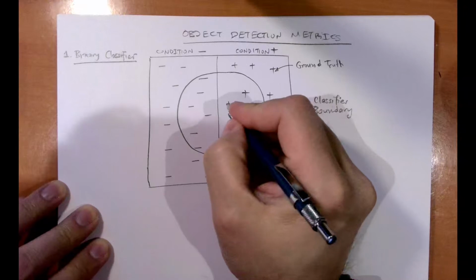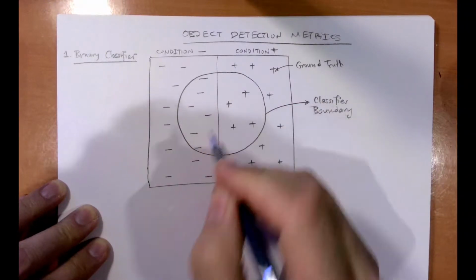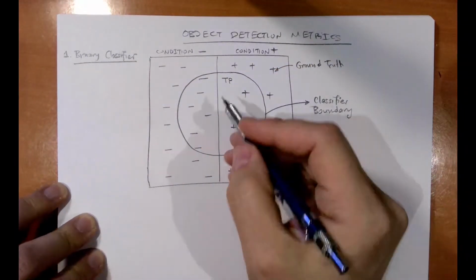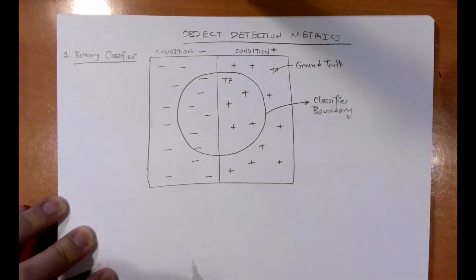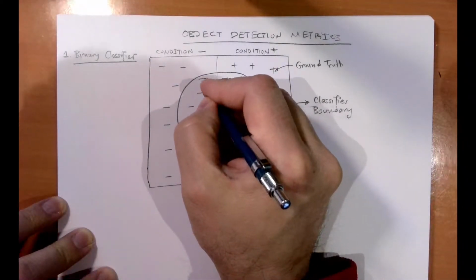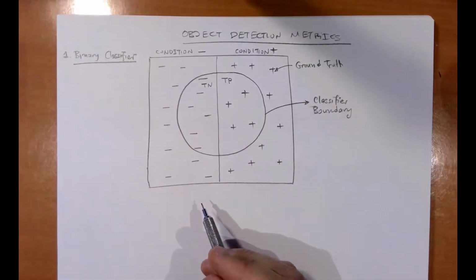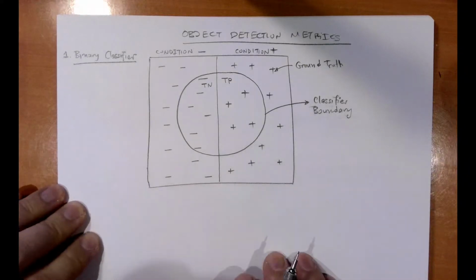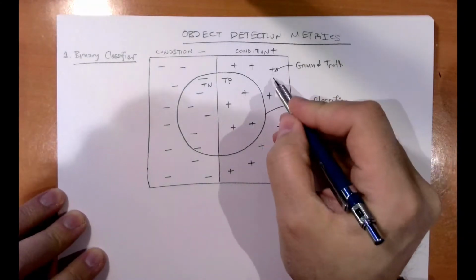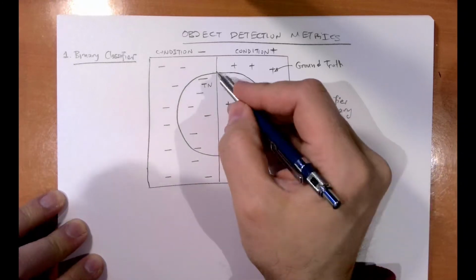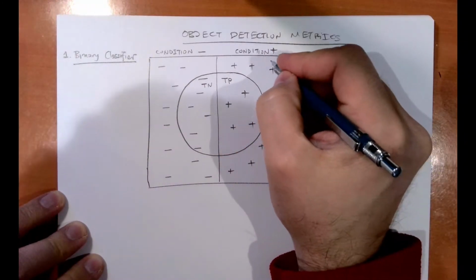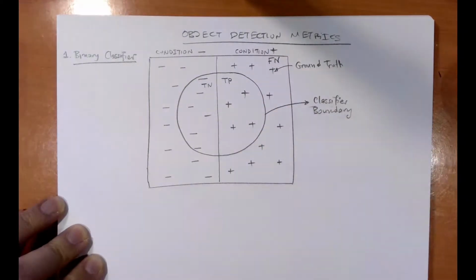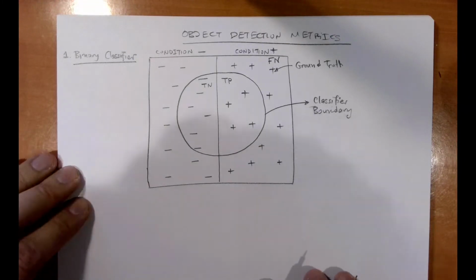So obviously here, if we have a ground truth of positive, we can say that within this boundary are the true positive events, 1, 2, 3, 4 events over here, and on the other side there will be the true negative events correspondingly. On this side we have a ground truth positive, but unfortunately the classifier did not classify this as a positive, so it classified it as a negative and therefore made a mistake, which we call false negative.